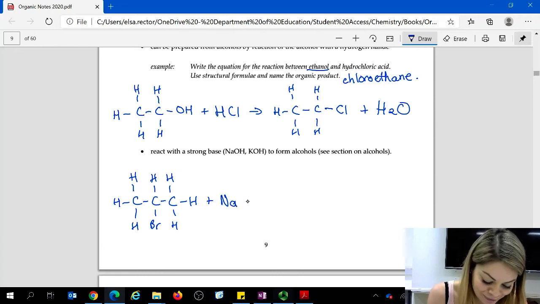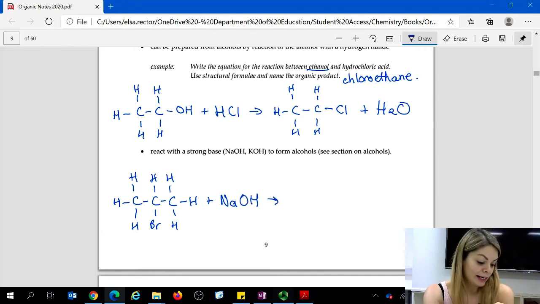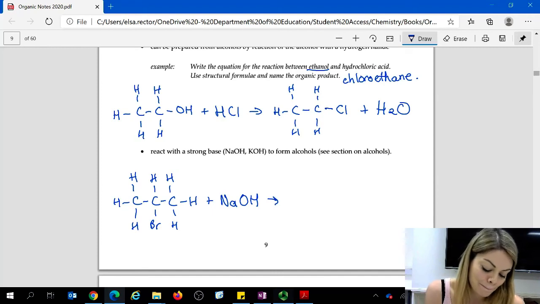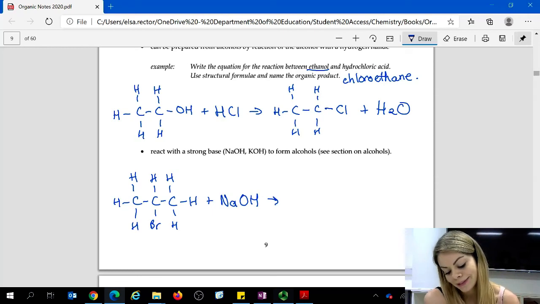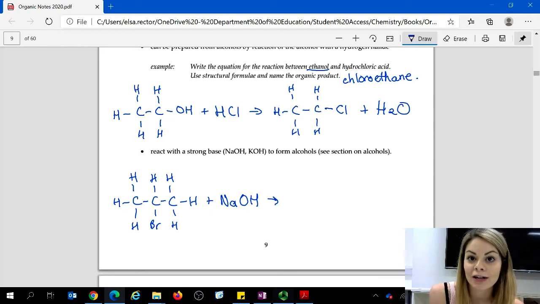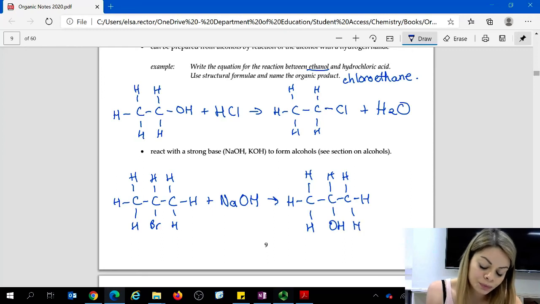No, don't hate me. Sodium hydroxide, thank you. So what happens is the bromine swaps with the hydroxide because it's nice for sodium bromide to be a thing, a nice ionic salt. And so that gives us an alcohol and our salt.